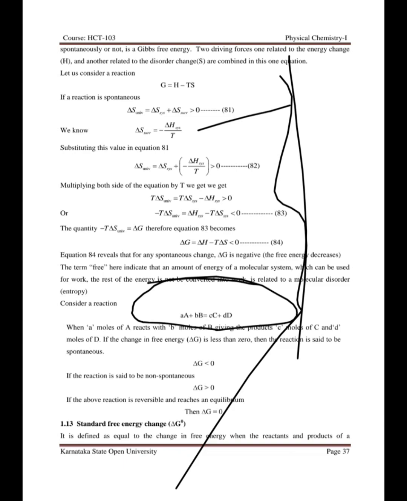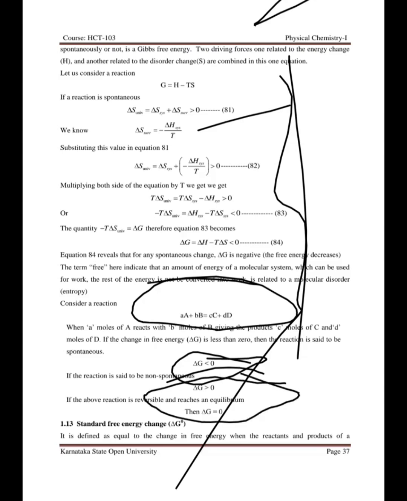So if free energy delta G is less than 0, then the reaction is said to be spontaneous. If delta G is greater than 0, then the reaction is non-spontaneous. And if delta G is equal to 0, then the reaction is in the equilibrium state.